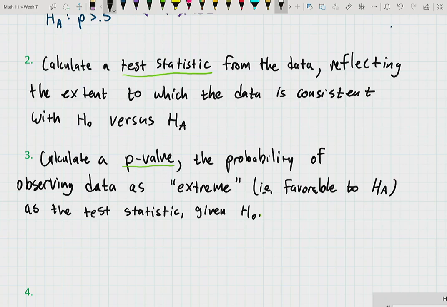Let's say you tested some sample. I ask the first row, what's your average age? And I asked Viet and, wait, how do you say your name again? Nelia, yeah, and you guys, and I came up with like 80 years old. Well, that's way more than the average. So if I assume that the average age in the class is about 19, that would put that hypothesis into question, very much so.